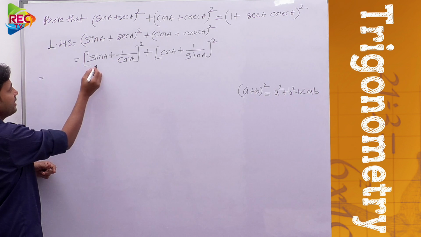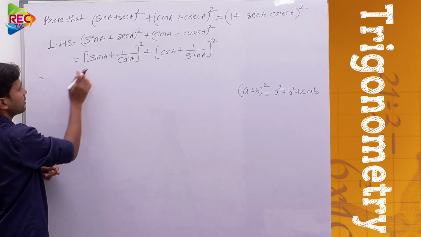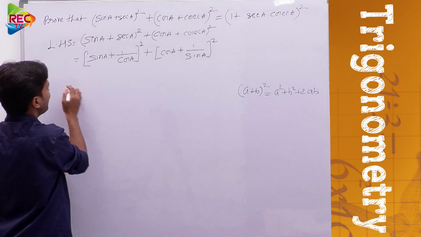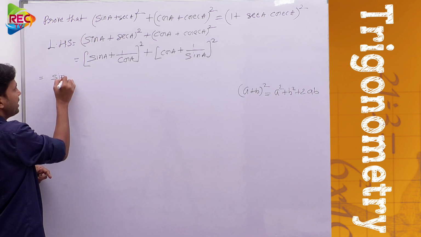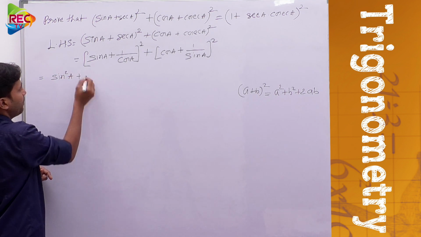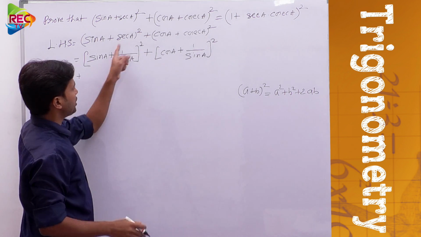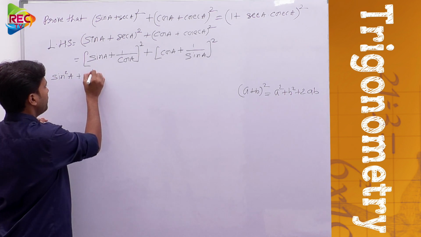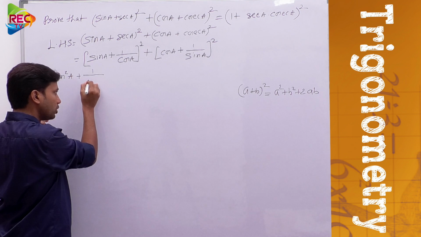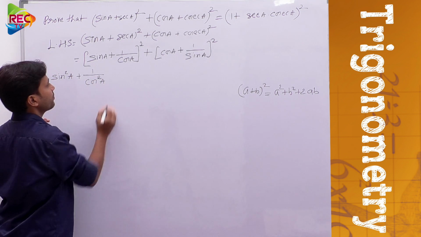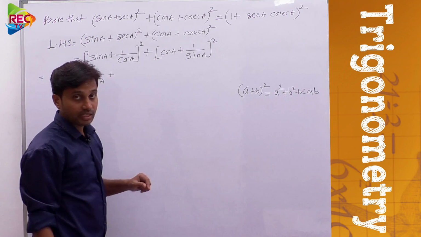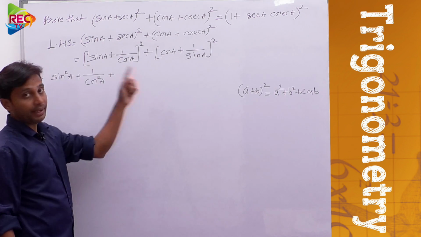So here we can take sin A as A. Therefore (sin A plus 1 by cos A) whole square can be written as sin square A, which is A square, plus B square, where B is 1 by cos A, no? So we can write this as (1 by cos A) whole square, that means 1 by cos square A, plus the next part would be 2AB.